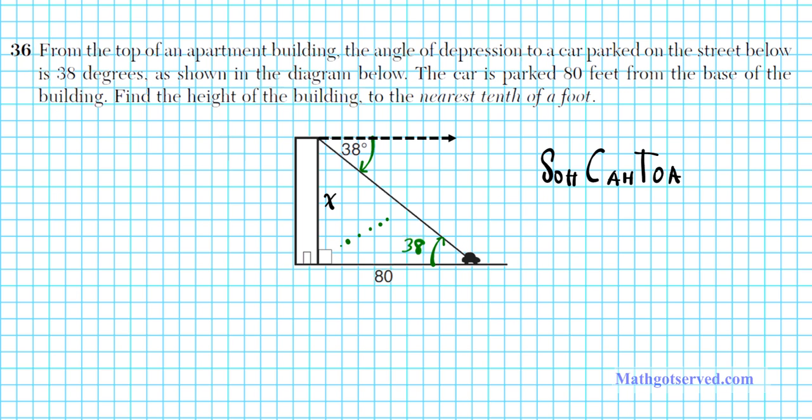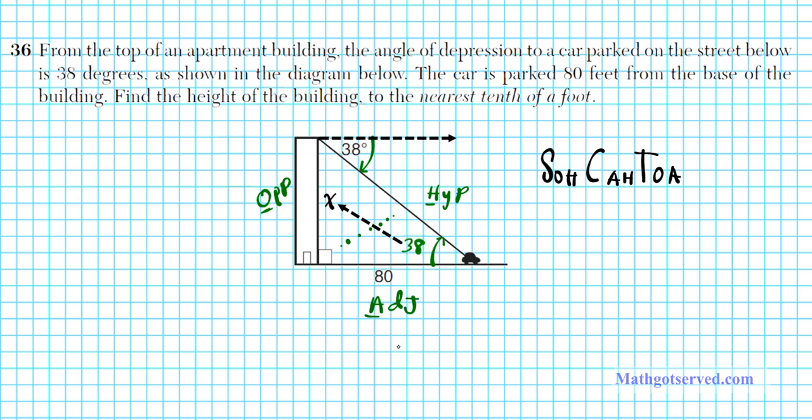Opposite of 90 degrees is the hypotenuse. The hypotenuse is the longest side of the triangle. The side opposite the angle that's given, this side right here, is known as your opposite. Okay, so this is your opposite. For O, this is H, and then this other side right here is the adjacent.